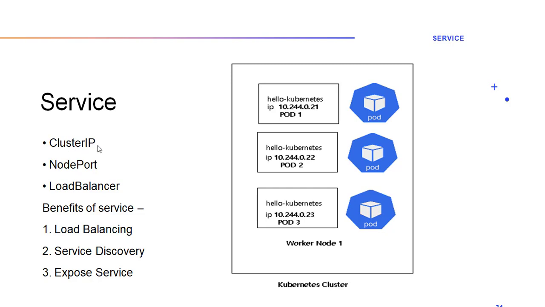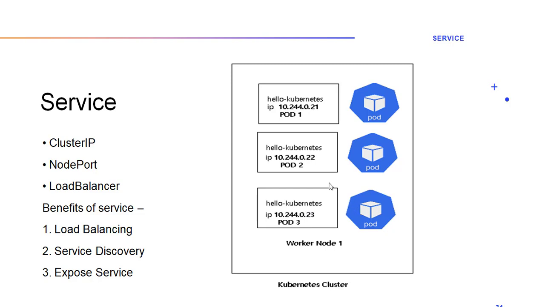So as we know, a pod can live and die, right? Last video we created our web API project with the pod name Hello Kubernetes. For example, if we change the replica to three, then we have three pods. And if you observe, each pod has a different IP address: 21, 22, and 23.